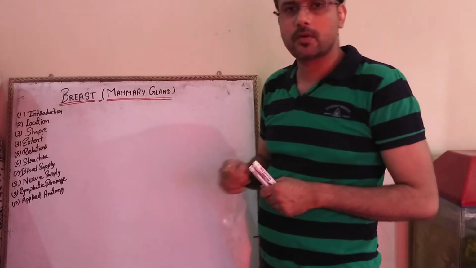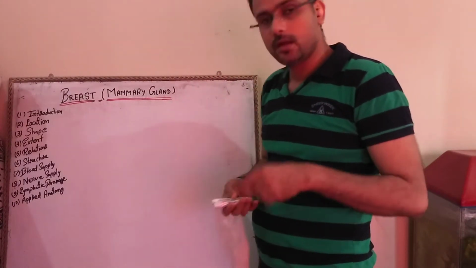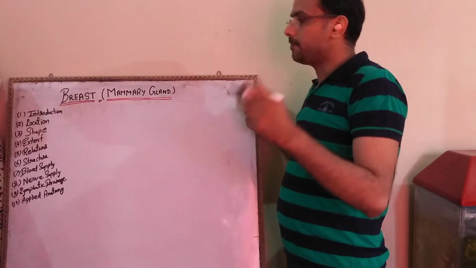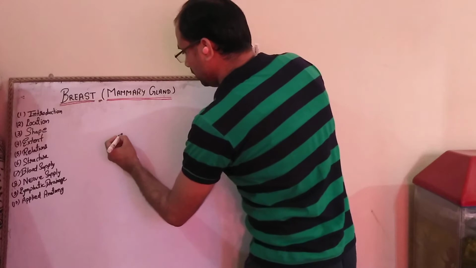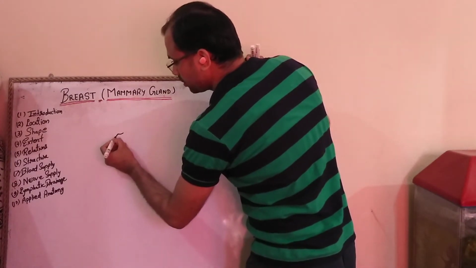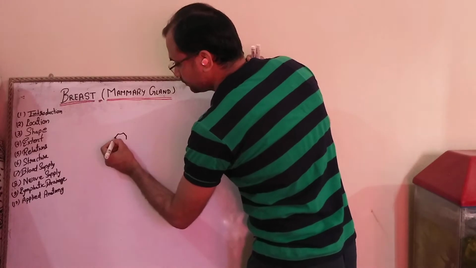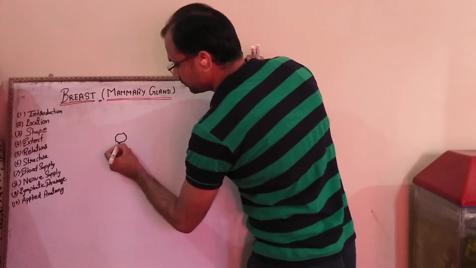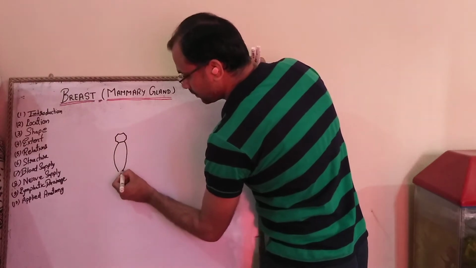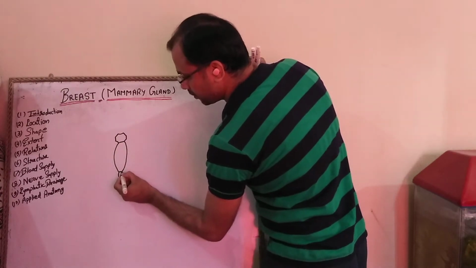Now we will discuss the location of the mammary gland, and for the location we will draw a diagram of the pectoral region. So this is the sternum, body of sternum, and the xiphoid process of the sternum.